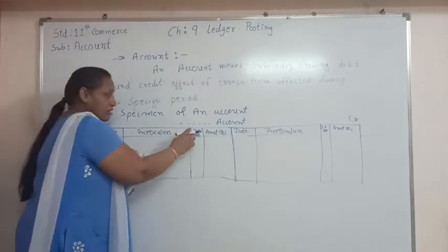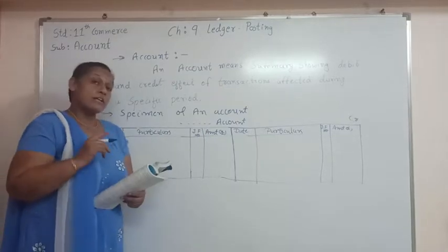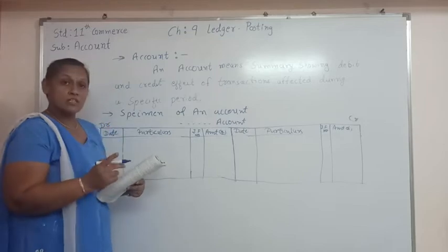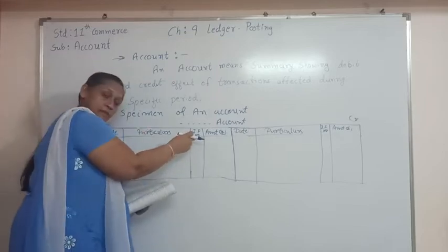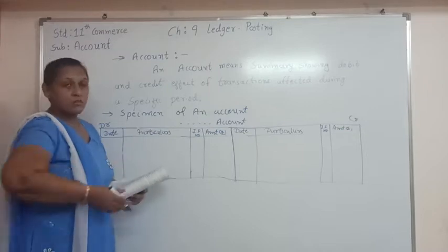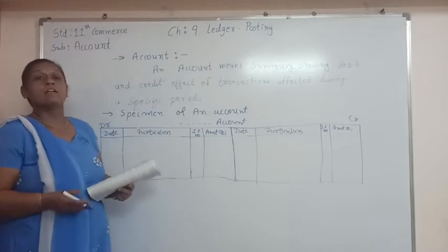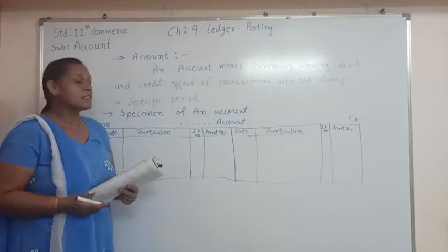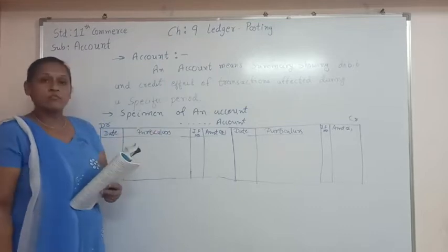In the journal folio column, the page number of the journal that we are going to write down here. And amount means the amount of the transaction, the money with which we have made the transaction, that amount we are going to write down here.